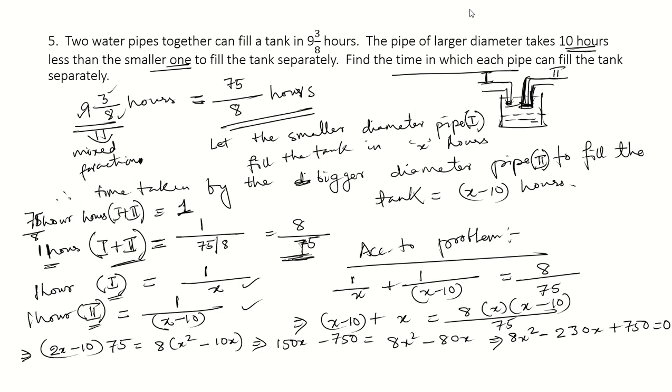Now dividing everything by 2, we get 4x squared minus 115x plus 375 equals 0. So this is what we get.